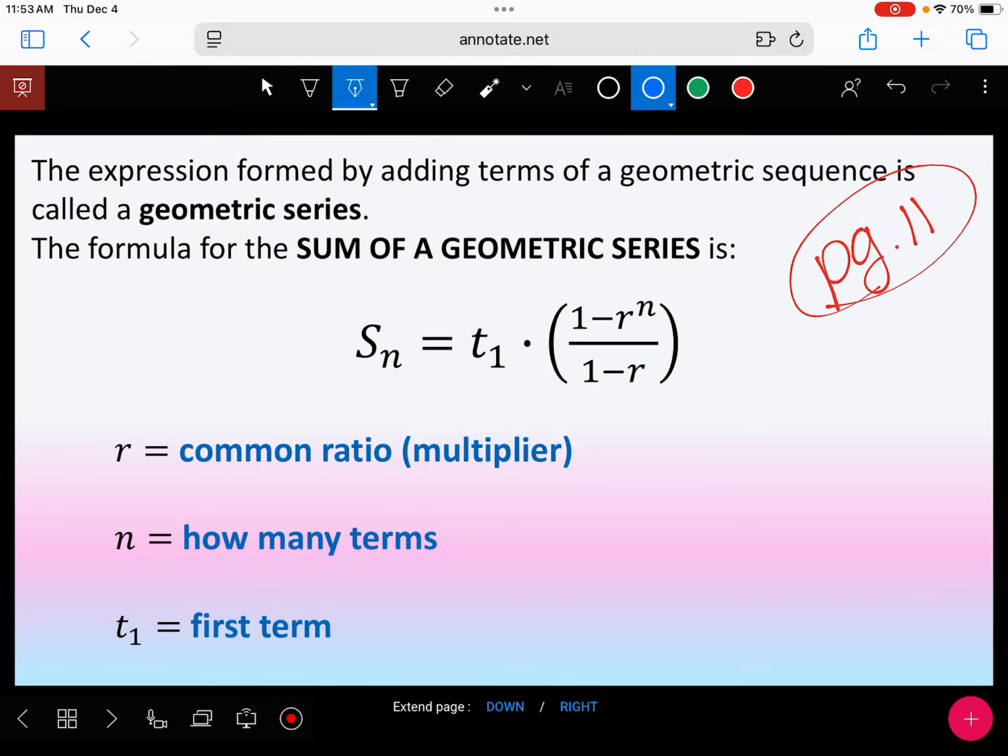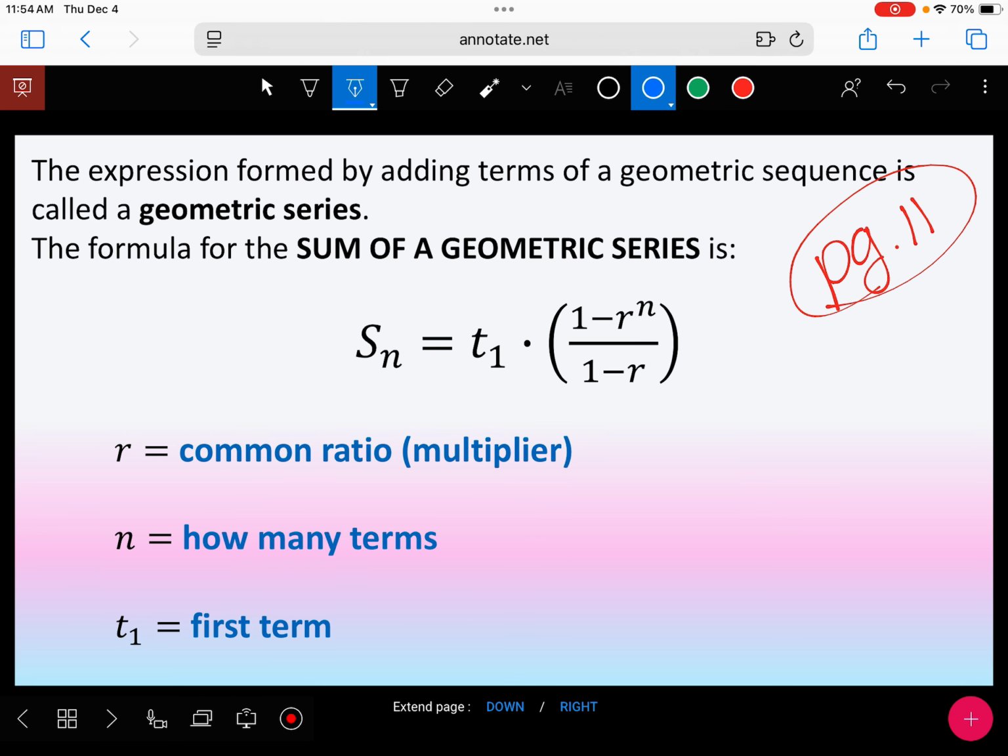If you weren't here yesterday, go ahead and copy down this formula. This is on page 11. So this is formula number 4. All right, in order to find the sum of a geometric sequence, you need to know the first term, what are we multiplying by, and the common ratio.